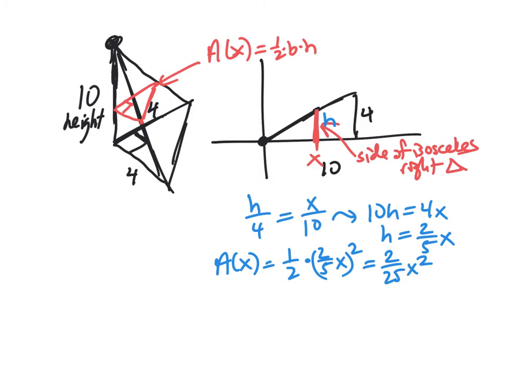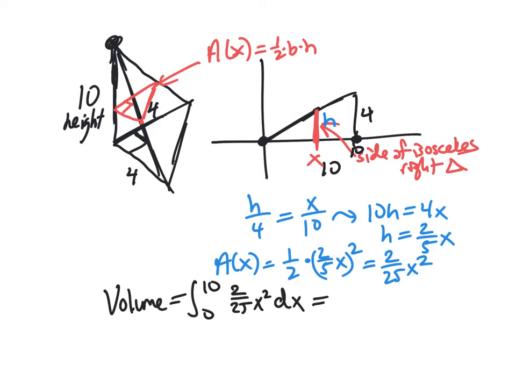So now the way I've done this, since this is length 10, I'm just integrating from 0 to 10 because I'm going along the x-axis here and just adding up these cross-sectional areas infinitesimally thin to get my volume. And so my volume is going to be the integral from 0 to 10 of my area function, 2/25 x squared dx.